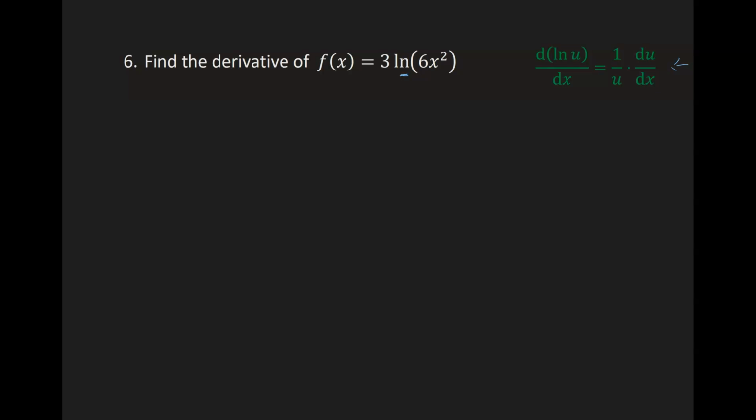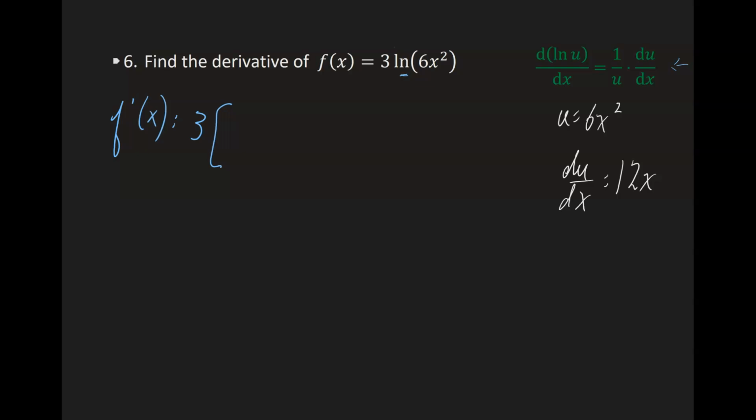All right, so we're taking the ln of 6x squared, so it's ln u, so u is 6x squared. Du dx is 12x. All right, f prime of x. We have a multiple of 3 in front. I'll square bracket it. Now I'm looking at this part, okay? And so I'm doing this to it. 1 over 6x squared, that's 1 over u, times du dx times 12x.